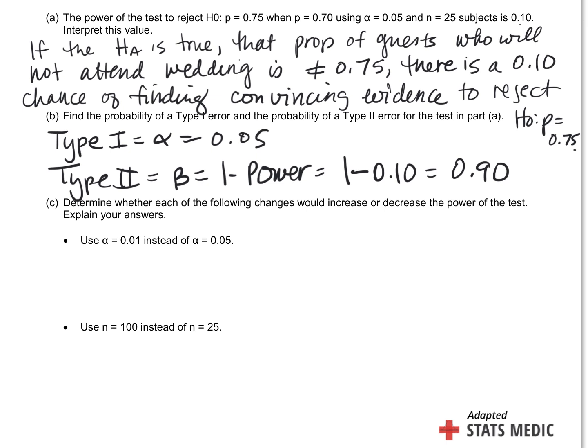And then lastly, determine whether each of the following changes would increase or decrease the power of the test. All right? So if I use an alpha of 0.01 instead of 0.05, is that going to increase or decrease my power? Decrease the power.